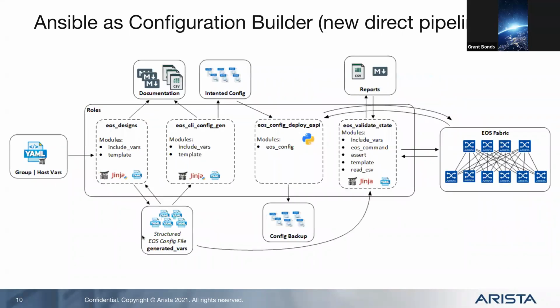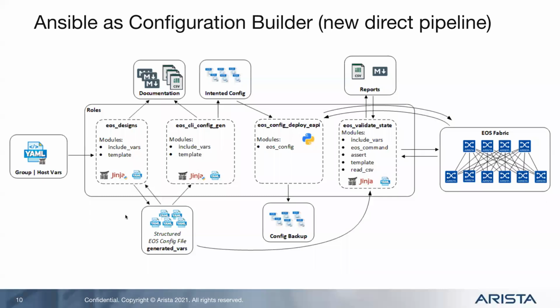Gotcha. We can also, if we want to, leave CVP out of the picture entirely, and we can use AVD to deploy directly to switches. In that kind of pipeline, it looks like this. You'll notice here we've changed some of the roles we're using. We're not using the CVP roles. Instead, we have a deploy eAPI role that will push things out under the hood.